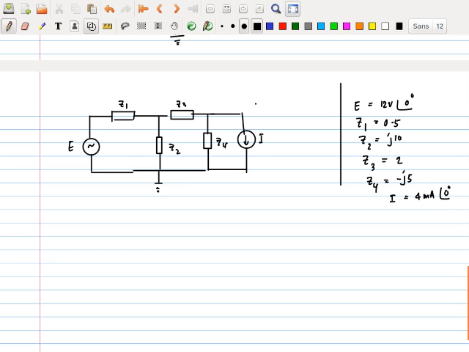What is the smallest number of nodes that you are going to use so that you can find the voltage drop across Z2? How many? I'm not asking the maximum, I'm asking what is going to be the minimum that you're going to choose. 3.